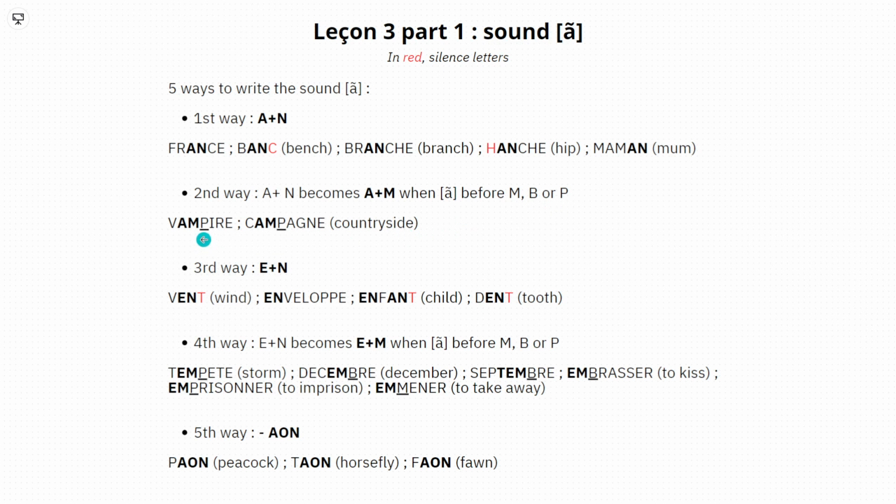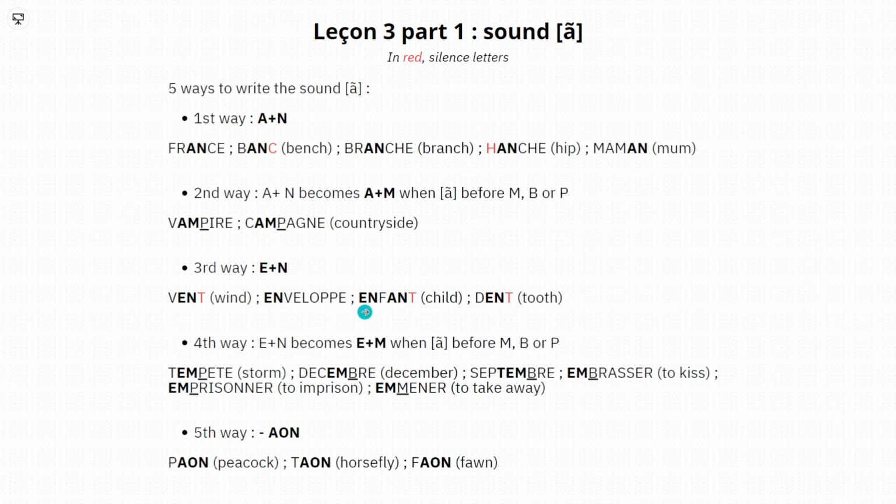In these 2 words, vampire, there's a P here, so the sound en before is written A plus M, or campagne, there's a P, so the sound en before P is A plus M. The third way to write the sound en is E plus N, like in vent, enveloppe, enfant.